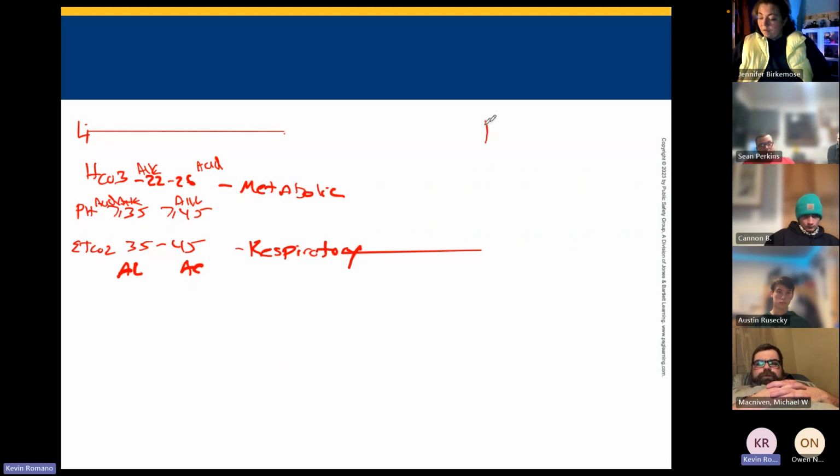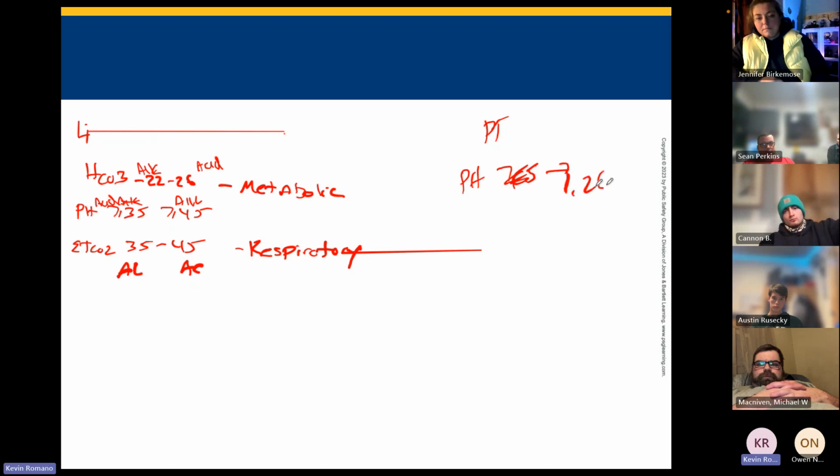So what if I told you this? A patient has a pH of 7.26, an end tidal of 60, and a bicarb of 24. 7.26, is it acidotic or alkalotic?